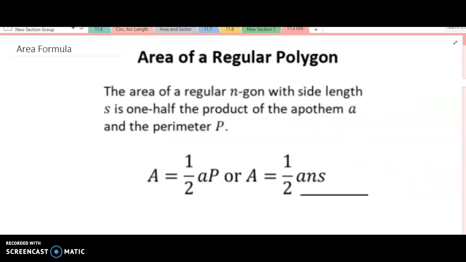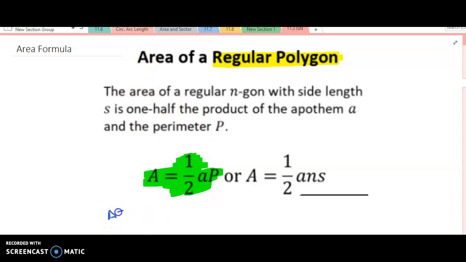All right, guys. Now let's go a step further into how we find the area of a regular polygon. This only works for regular polygons. Remember, regular polygons have all congruent sides and all congruent angles. For a regular polygon, the area is A equals 1/2 a times P. You're thinking, what the heck is that?